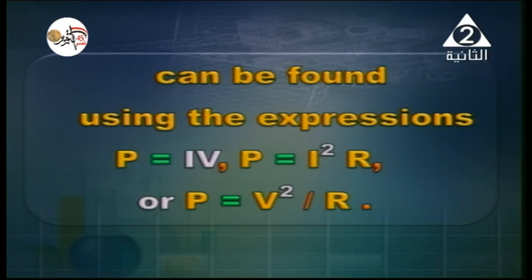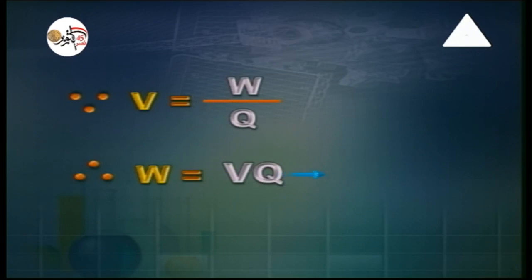Power is equal to IV, power is equal to I squared R, also electric power is equal to V squared over R. First of all, potential difference is determined by the equation V equals W over Q, and of course W is equal to VQ. This is the first equation.